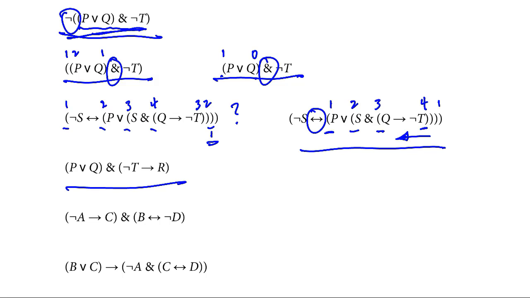So looking at this one here, what you want to do is recognize that here we have P or Q inside parentheses, and so basically this is one chunk. And then on this side we have if not T, then R inside parentheses. So again, this is one chunk.